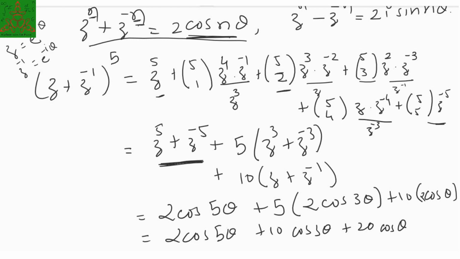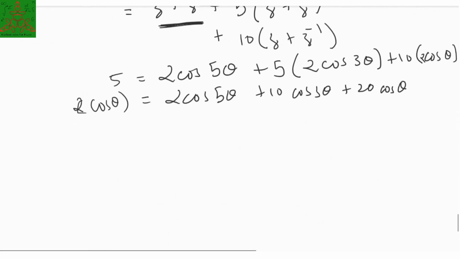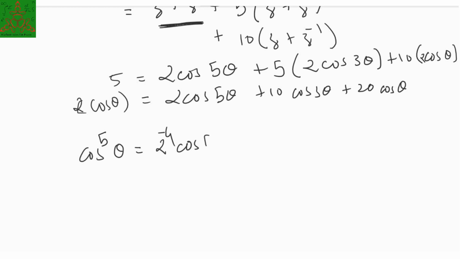So if n is 1, this will give you 2 into cos theta raised to 5. So that is actually a formula for cos raised to 5 theta equal to 2 raised to minus 4 times cos 5 theta plus 5 cos 3 theta plus 10 cos theta.